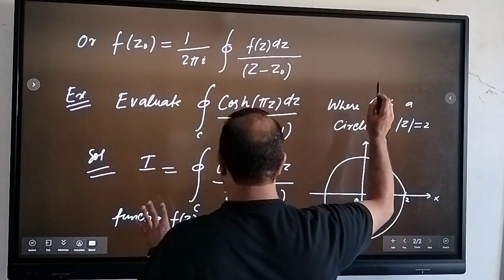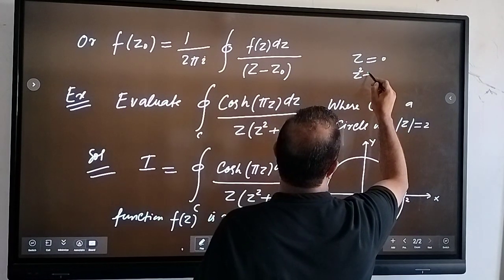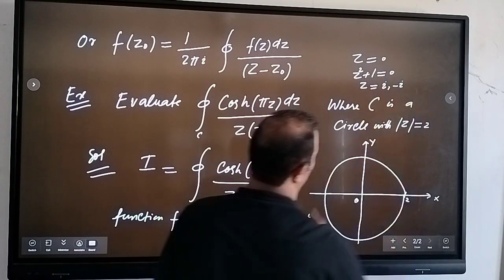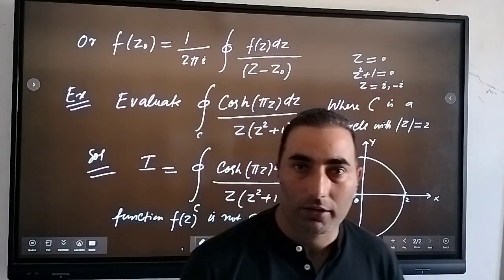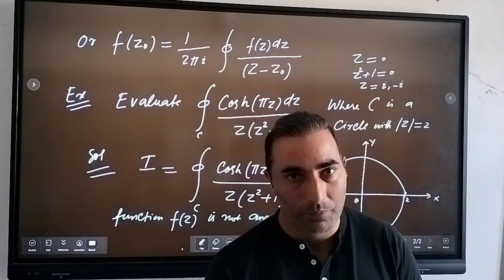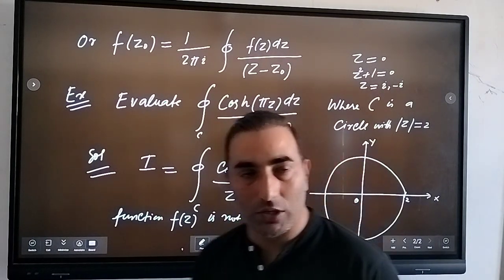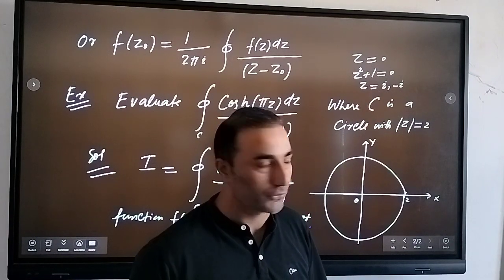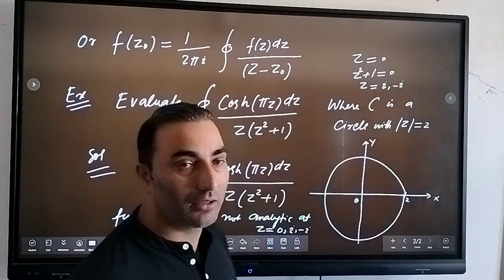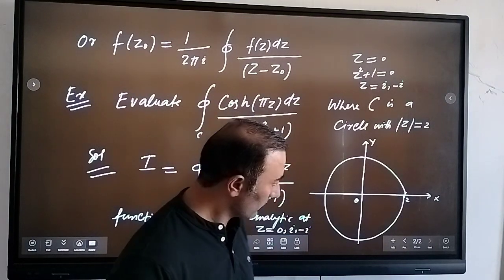Because when you put z equal to 0, it will be 1 divided by 0, which is not determined at that point, so the function will not be analytic there. And similarly, if you put z square plus 1 equal to 0, you get z equal to plus i or z equal to minus i. In both cases, our function loses its analyticity. So we can say that f of z will not be analytic in that case.